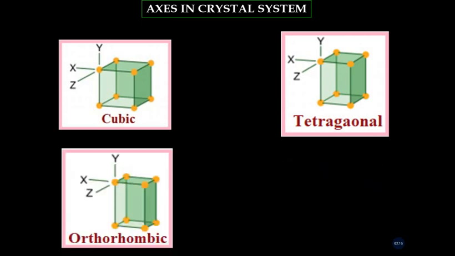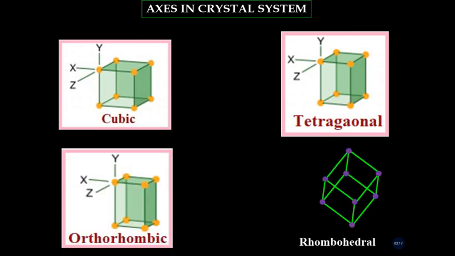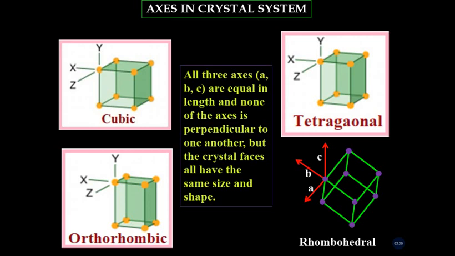Then the next one is the rhombohedral or the trigonal. Angles and axes in the trigonal system are similar to the hexagonal system. At the base of the hexagonal system, there will be 6 sides.